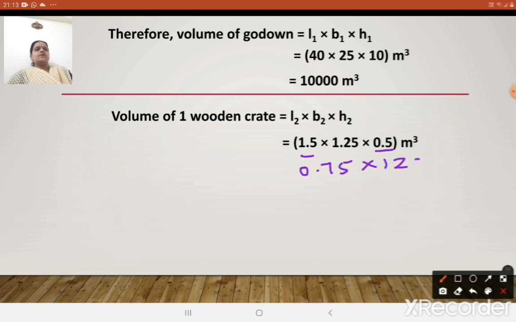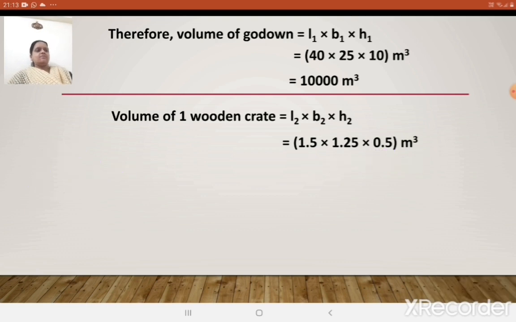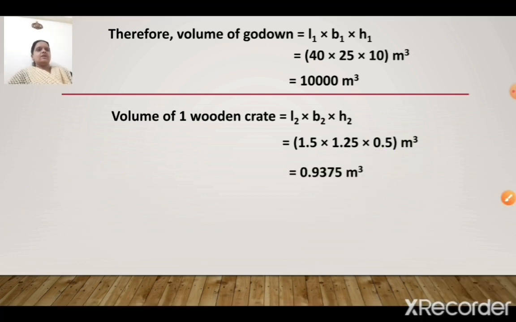Multiply by 125, that is 1.25. Multiply 125 into 75. Just calculate this value and give the decimal point from right to left after 4 decimal places. So if you multiply, you will get the answer here as 0.9375 meter cube.